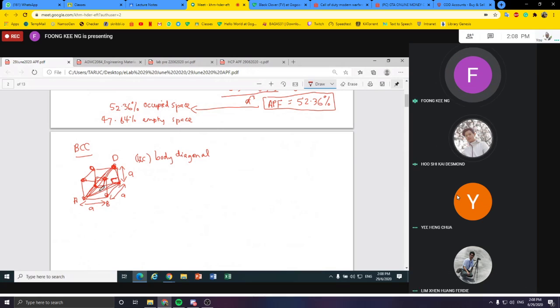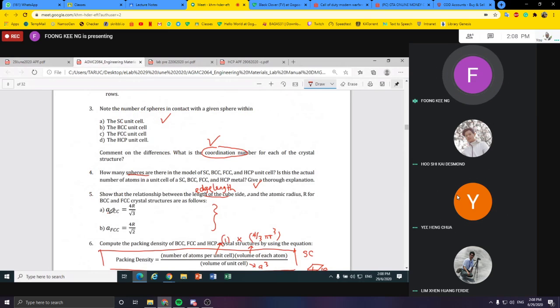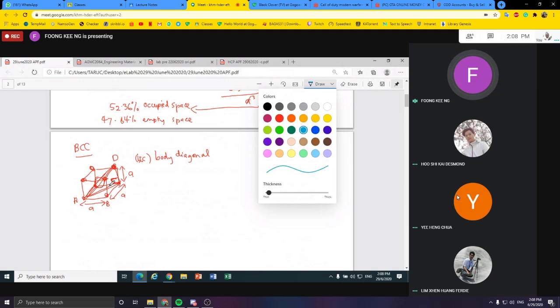Before I can use this triangle to define the edge length A in terms of the atom radius, I need to put down an equation. So before that, I need to look at this little triangle here. Let's use another color, blue.